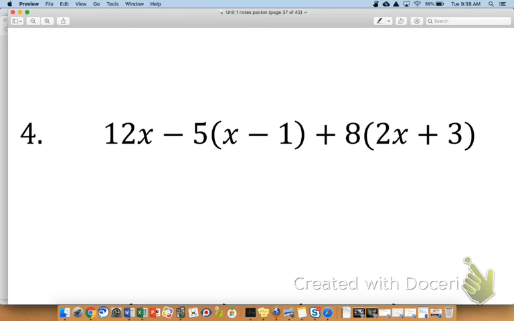I think the parentheses need to go away. If it's already been distributed in there, it's not there anymore. So we've got to get rid of the parentheses. After you do a distributive property, you want to lose the parentheses. Negative 5 times x is negative 5x. What's negative 5 times negative 1?